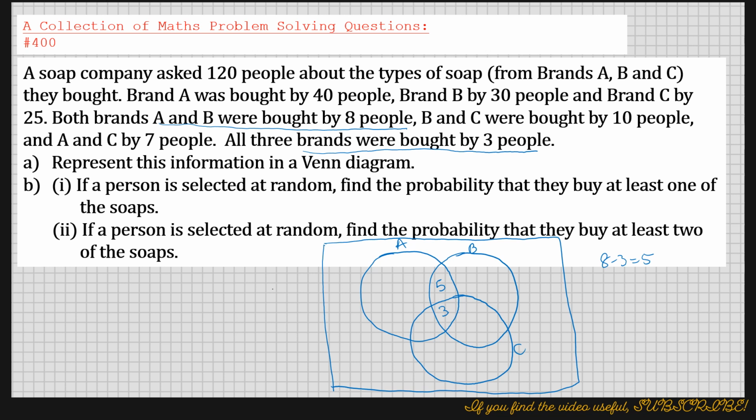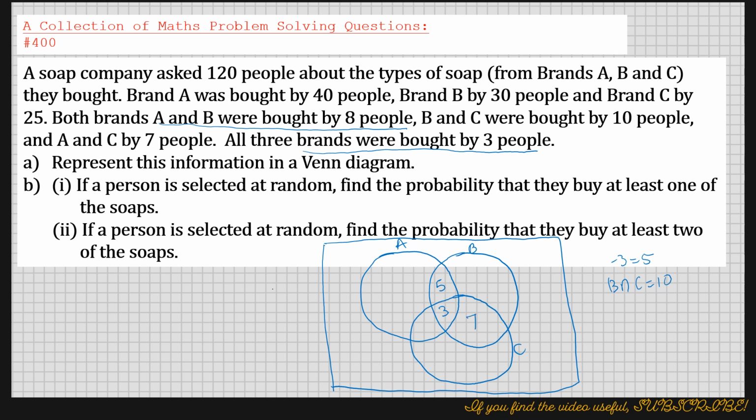The next part, B and C: B and C were bought by 10 people, so B intersection C is 10, and 3 is already there, so we'll have 7 here.